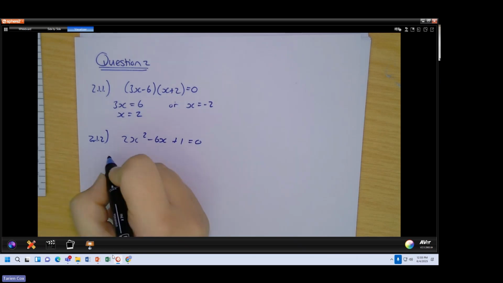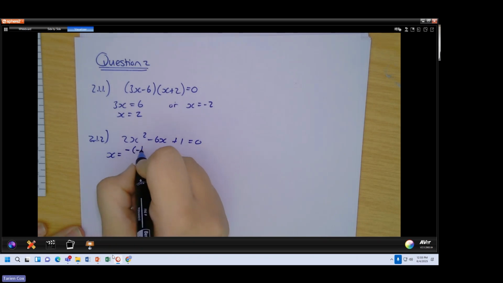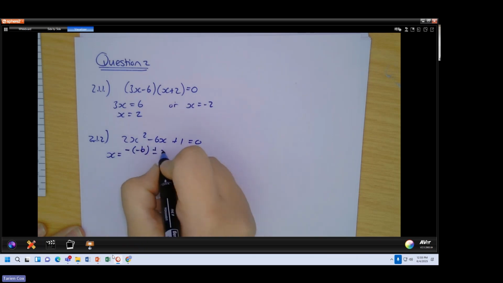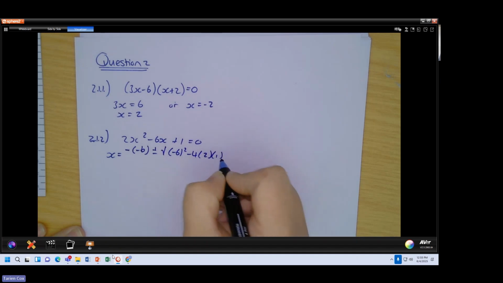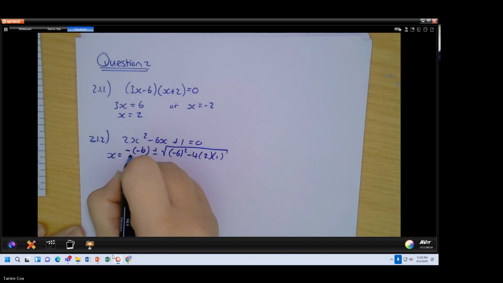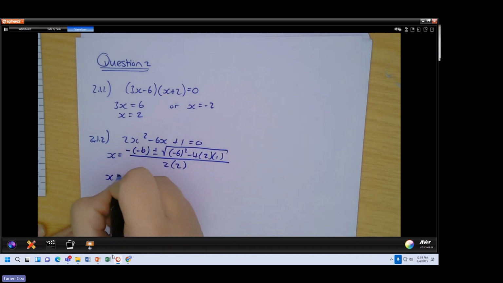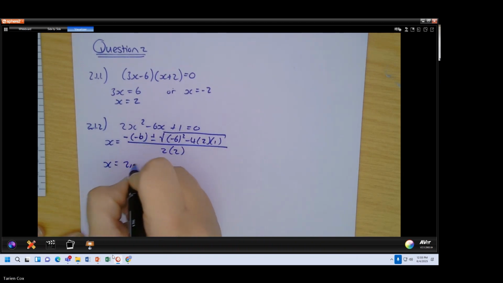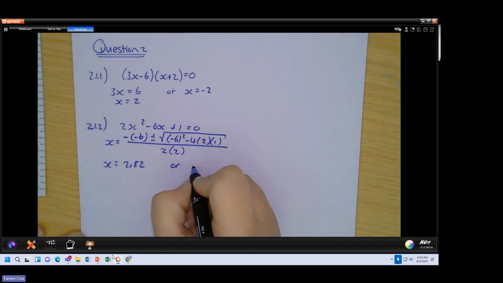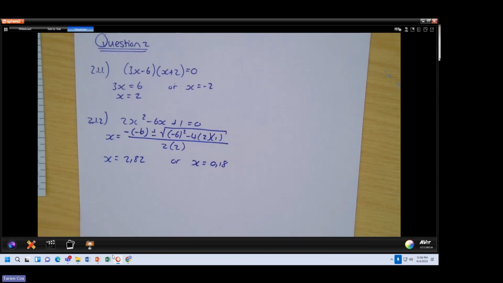We are going straight into substitution into the formula: minus b, so minus -6, plus minus the square root of b squared minus 4ac, over 2a. Once I substitute that in, we get the answers of 2,82 or 0,18.